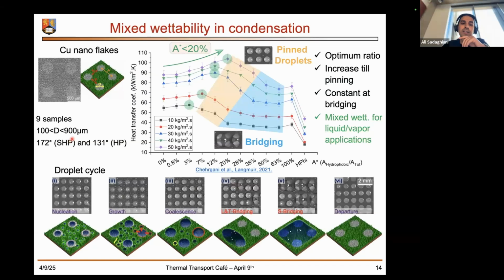So we fabricated 9 samples with the hydraulic diameter ranging from 100 to 900 micrometer. The superhydrophobic background has a contact angle of 172, and the hydrophobic spots, circular spots, have a contact angle of 131. So here shows the cycle of the droplets on the mixed wettable surface.